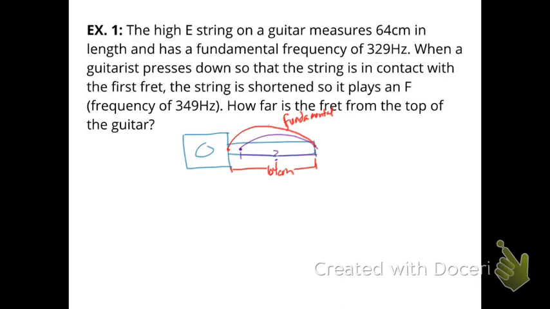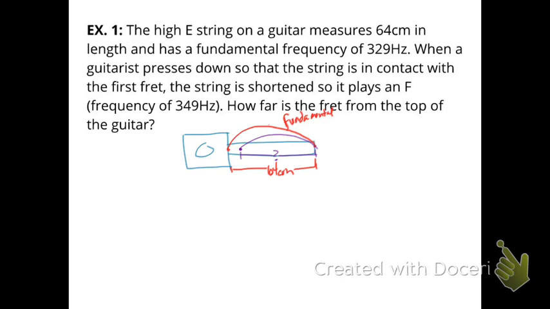If it's going to be an F, it's going to be a fundamental frequency, right? That's the note. So I can find the velocity through this because I have how far it is away and I have the frequency. If I find that velocity, I can use it in the second one to find how far away I'm going to put it.